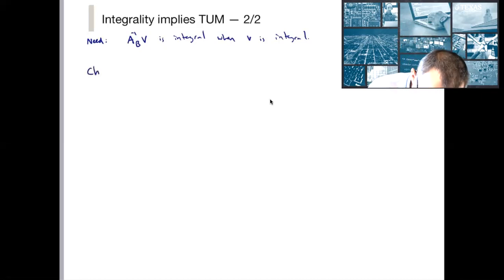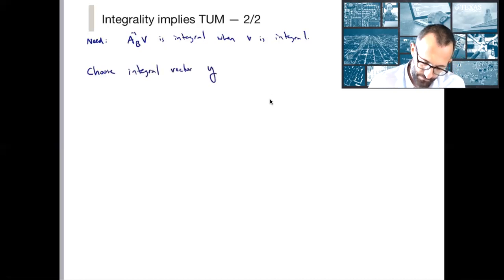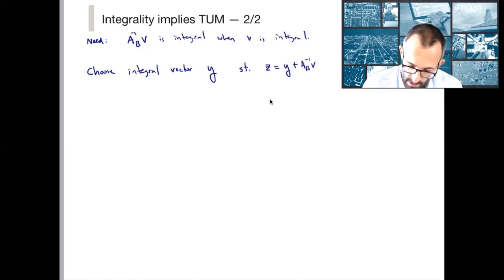Okay, so let's choose an integral vector y such that z is equal to y plus AB inverse V, and z is greater than or equal to 0. No assertion about AB inverse V yet. Certainly I can do this. I can choose a big enough integer vector y so that this is true.